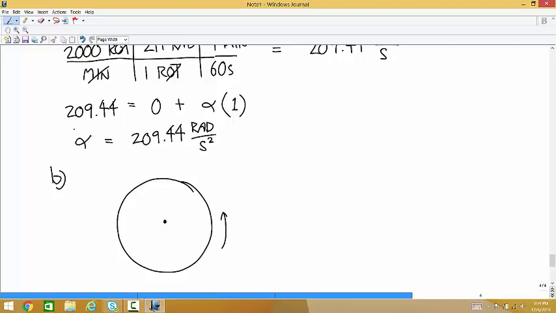And let's choose this point over here. So if it's going this way, we know the velocity vector is going to be down. Is it speeding up or slowing down? Speeding up, so tangential acceleration is also down. It went from rest to this really high speed, so it's speeding up. And then the centripetal is towards the center.